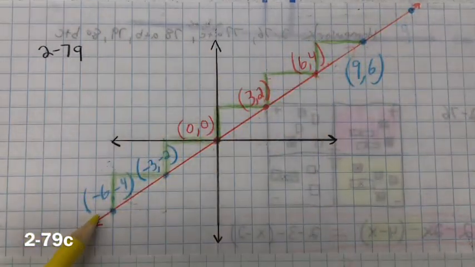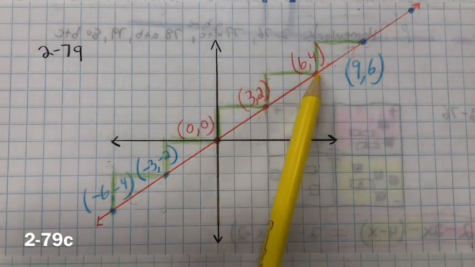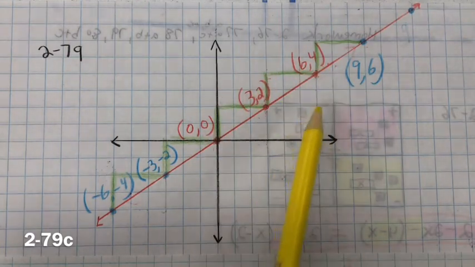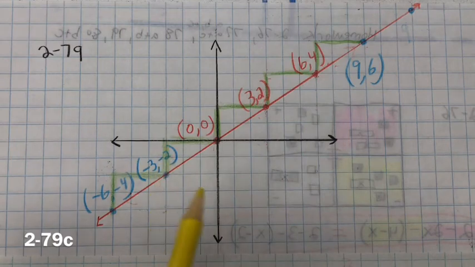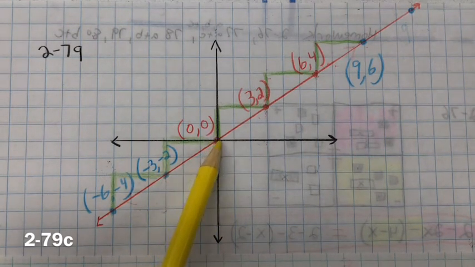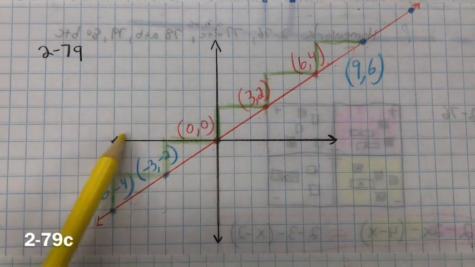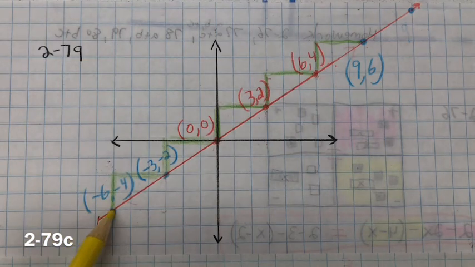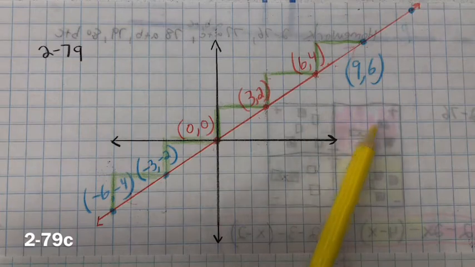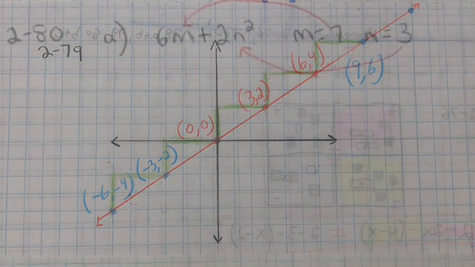And anywhere along this line where it meets the lattice points, where the x and y intersect, and these are called lattice points, I could put a point there. So here at negative 3, negative 2, and here at negative 6 and negative 4, and I have positive 9 and positive 6 as 3 additional points.